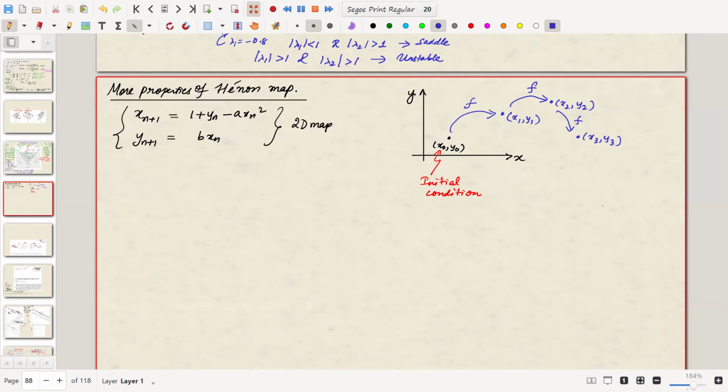Now, I want to ask a question: suppose I am here at x1, y1. I want to go back. I want to know what points gave me the point x1, y1. Till now, we are going from x0, y0 to x1, y1, x2, y2, and so on.